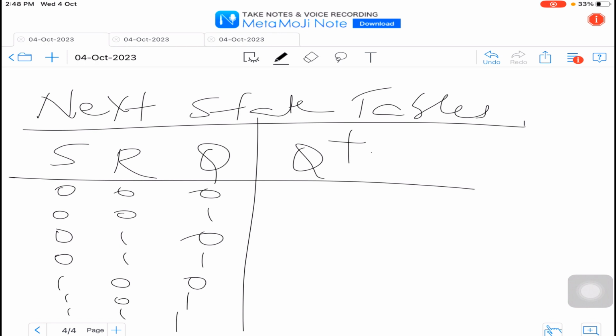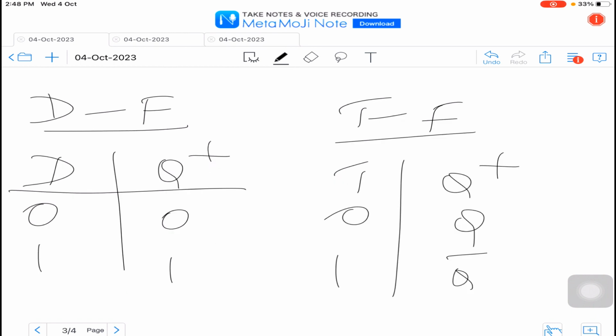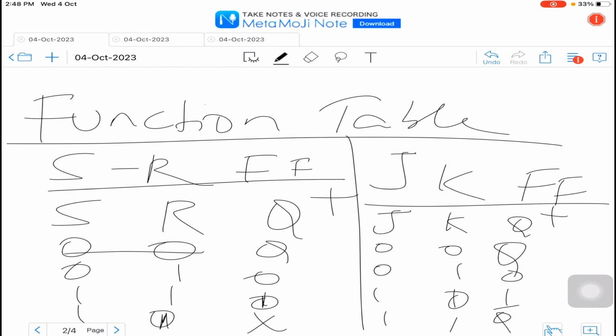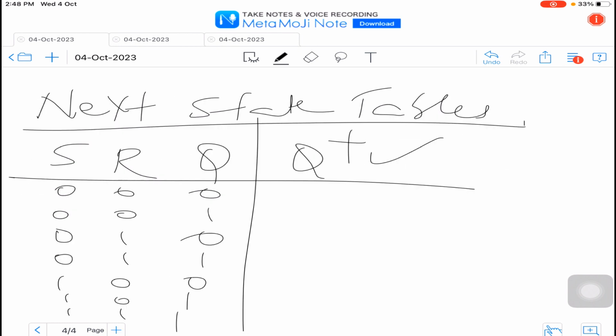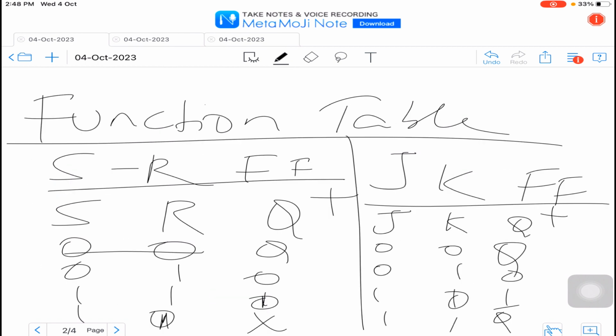Before writing the value of Q plus, we must observe the SR flip-flop function table. Now, please observe, whenever S was 0, R was 0, and if Q is 0, what is the Q plus? In order to obtain the value of Q plus, we must see the condition when S and R are 0.